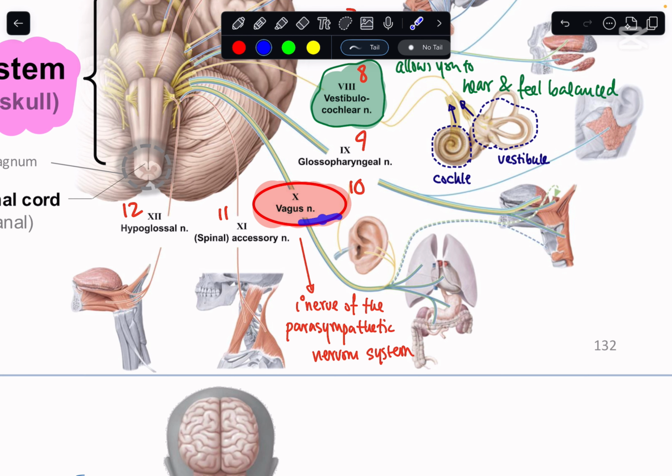Fun fact, this nerve, guys, branches into dozens of nerves that each innervate different organs: lungs, heart, stomach, large bowel, small bowel, the ears, your throat, your eyes, everything.